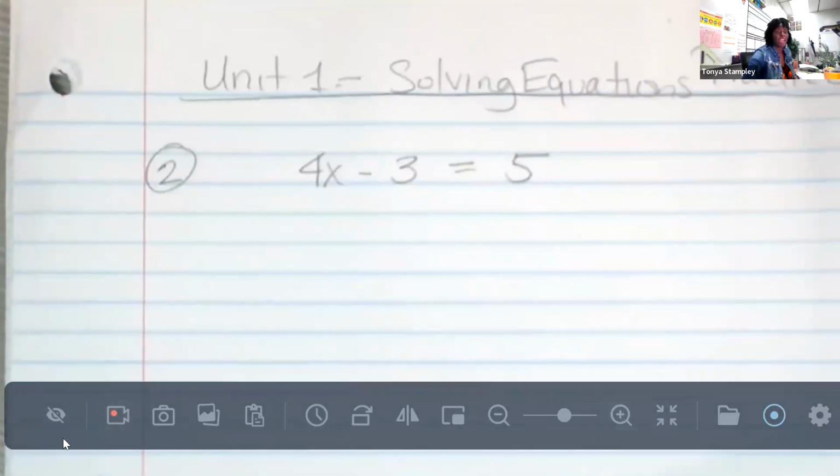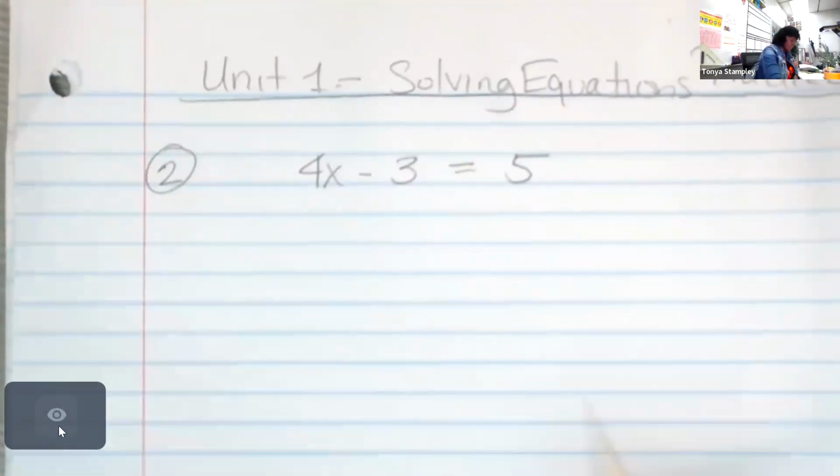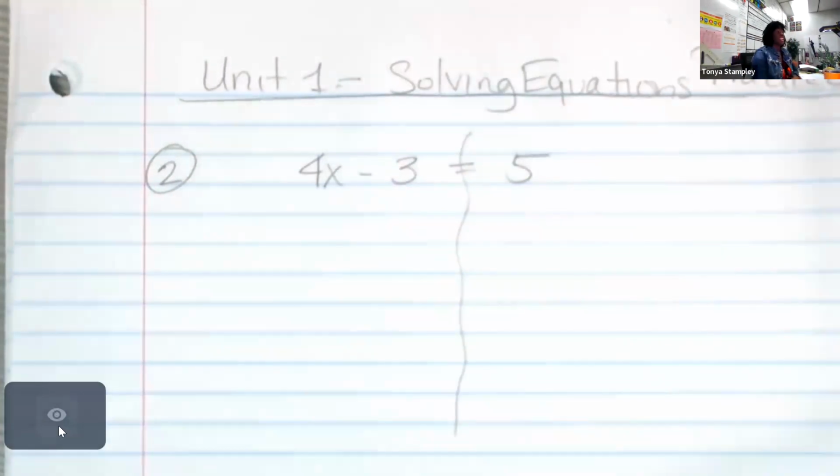And what is around the x that we need to get rid of? 4 and negative 3. Which one are we going to get rid of first? Negative 3. Why negative 3 first? Because it's farthest from the variable. Excellent. So how do I undo a negative 3? By addition or a positive 3, right?